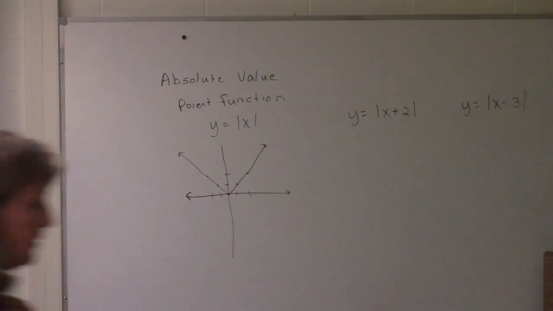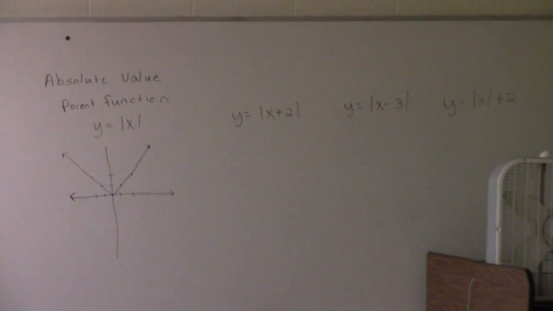How are we doing? Okay, so we had the absolute value of negative 2, which is positive 2. So I'll take the absolute value of negative 2, which is positive 2, right? So I've got 2 plus 2.